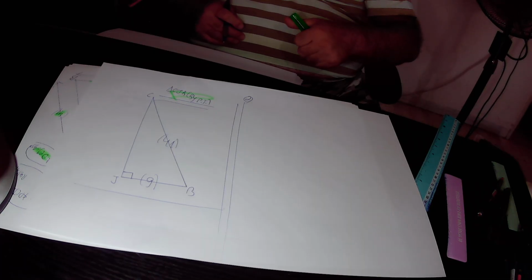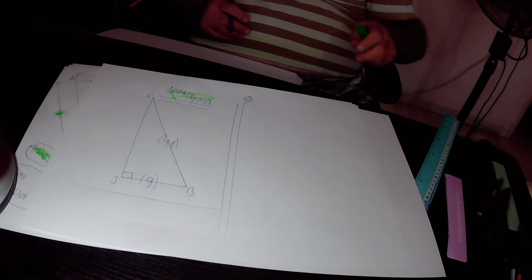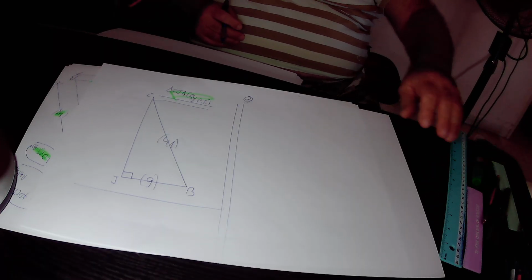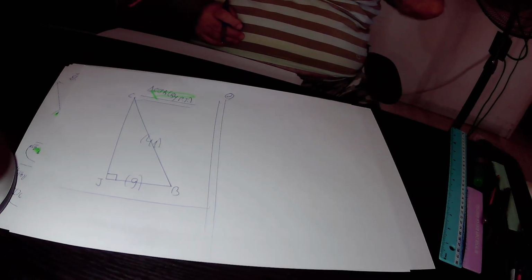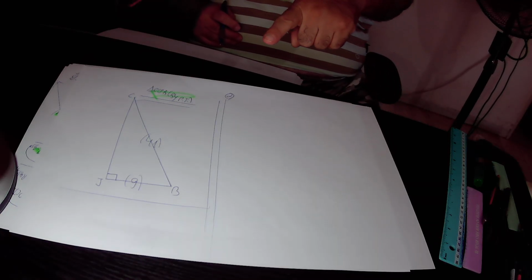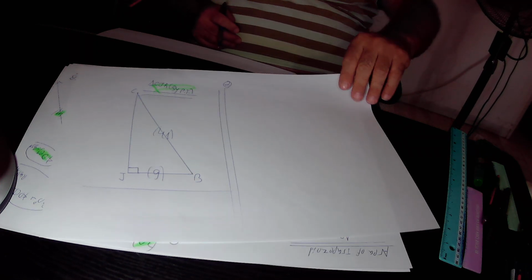According to the Pythagoras theorem, in a right triangle, the square of the hypotenuse equals the sum of the squares of the perpendiculars. So in the right triangle CJB, CB squared, that is the square of the hypotenuse, equals JB squared plus CJ squared.